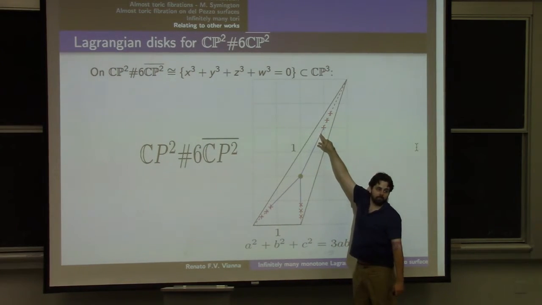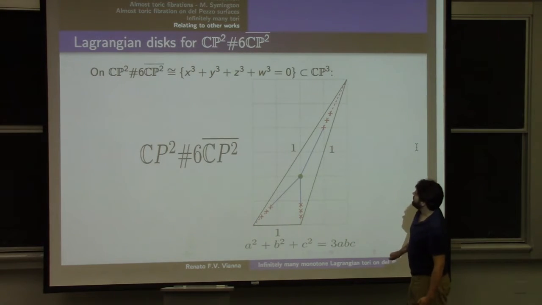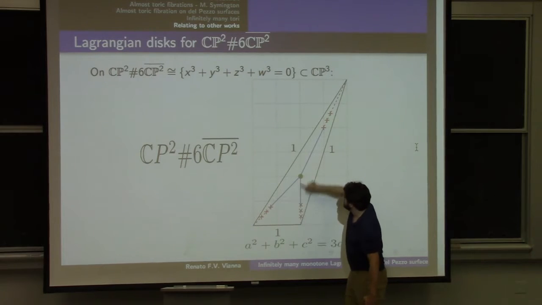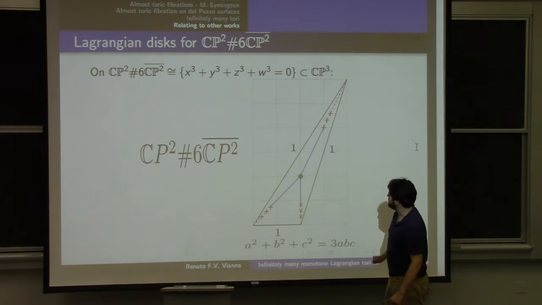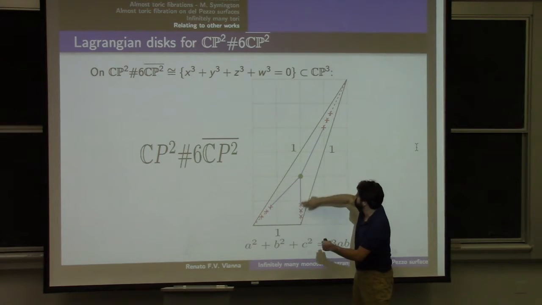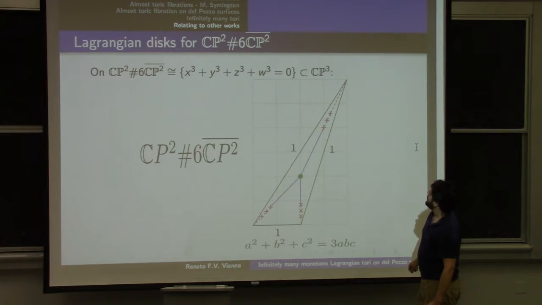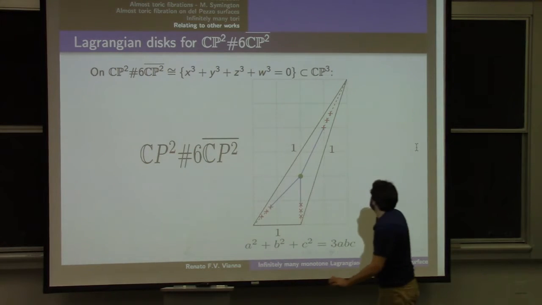So this was precisely what was happening in the previous talk of Harold, that each one of these mutations that one does corresponds to mutations of the Lagrangian disks, and you can keep track of these Lagrangian disks. And so the last thing that I want to say now is the following.